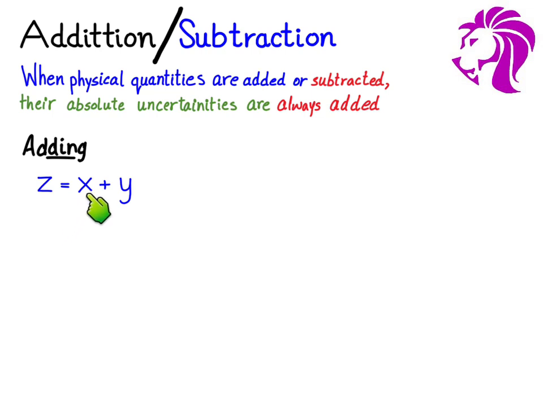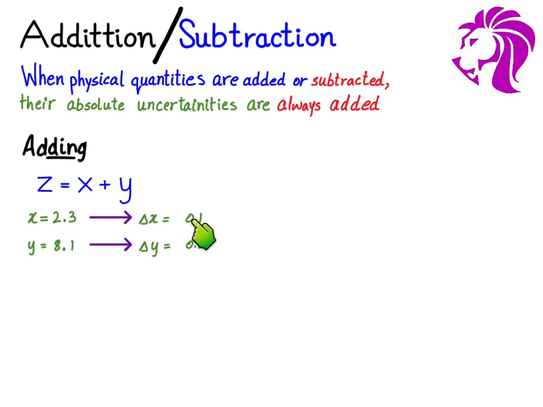You must have taken some measurement to find x, you must have taken some measurement to find y, and definitely when you are measuring there is a high chance of some uncertainty. So let's say my value of x that I calculated is 2.3, y is 8.1, and let's say the uncertainty in x is 0.1 and the uncertainty in y is 0.2.